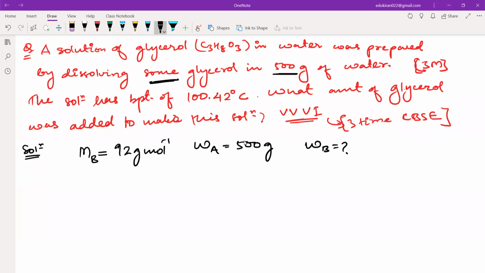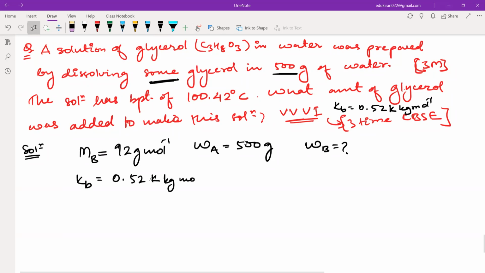They have not given KB. We will take KB equal to 0.52, which was in the previous question. 0.52 Kelvin kg per mole. Write it somewhere on the side, okay? KB has been given, it is equal to 0.52 Kelvin kg per mole. Now what is delta TB?